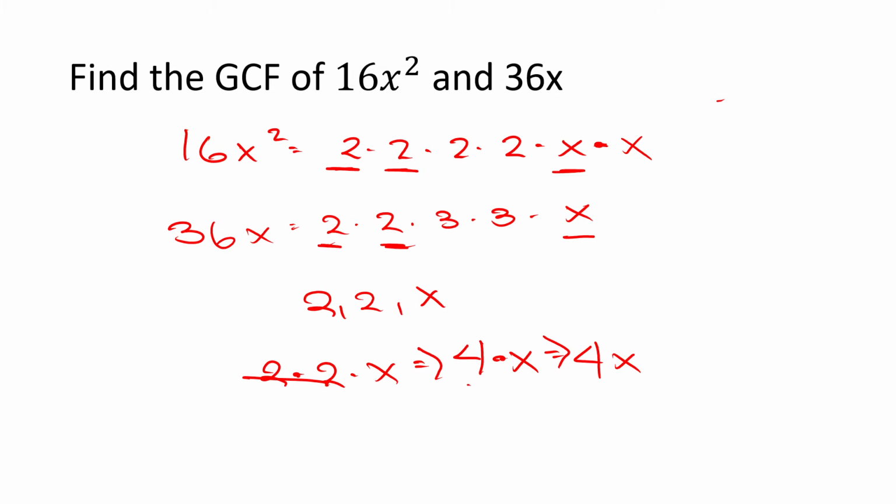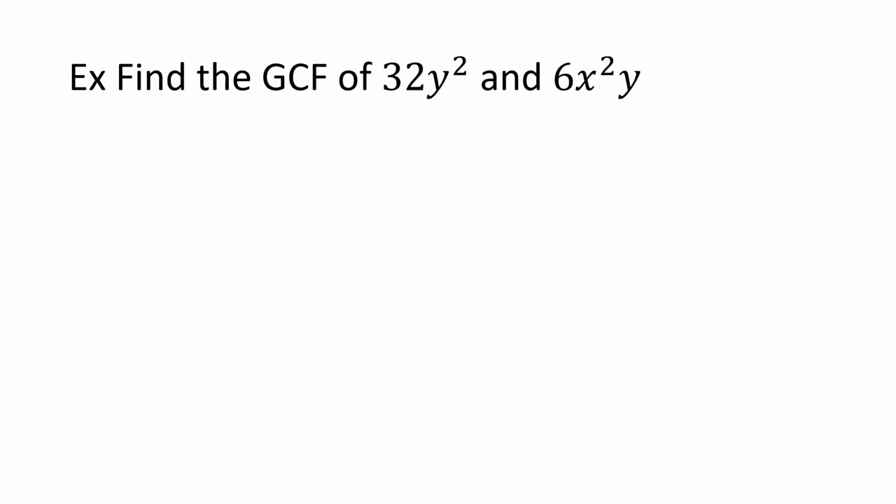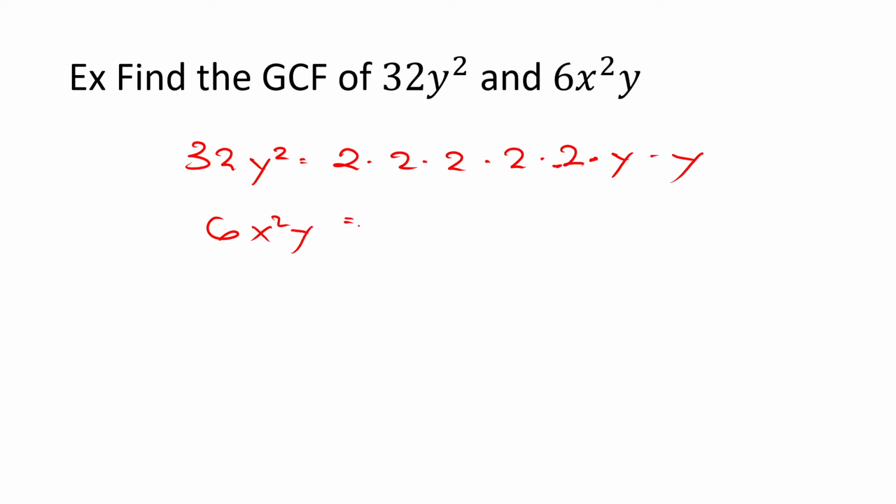Moving on, another example, 32y squared and 6x squared y. So, let's rewrite them. 32y squared is 2 times 2 times 2 times 2 times 2 times y times y. 6x squared y is 2 times 3 times x times y.